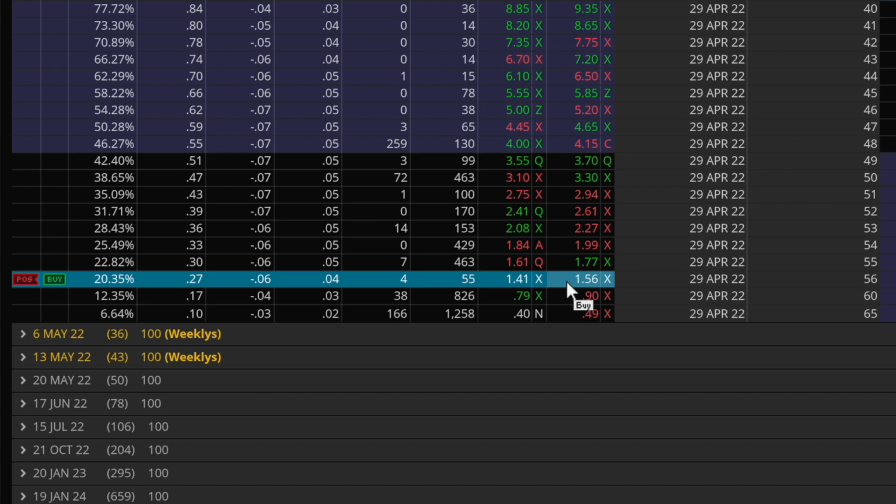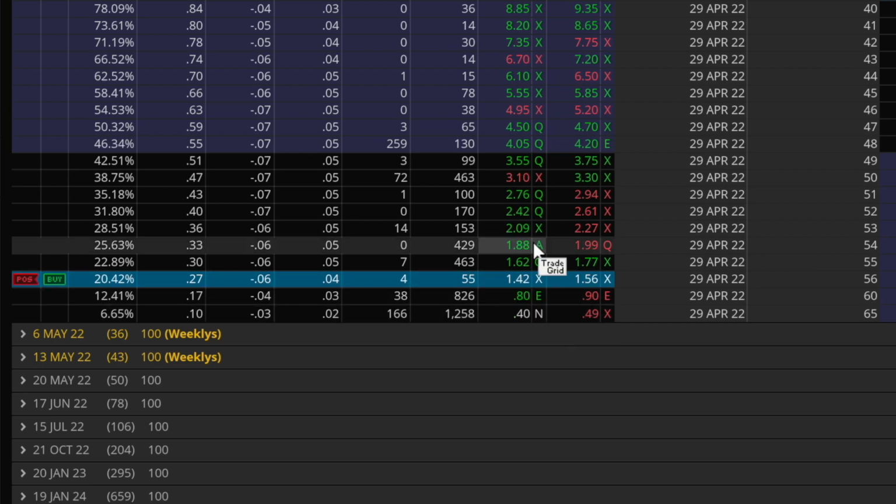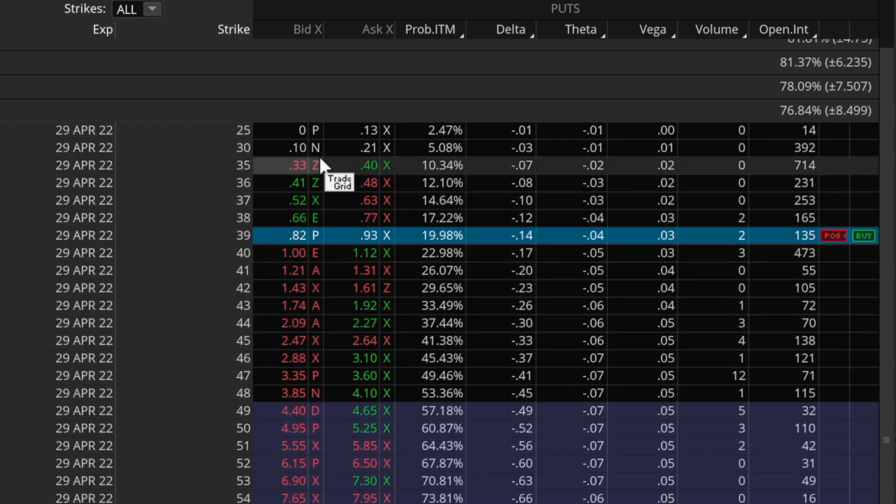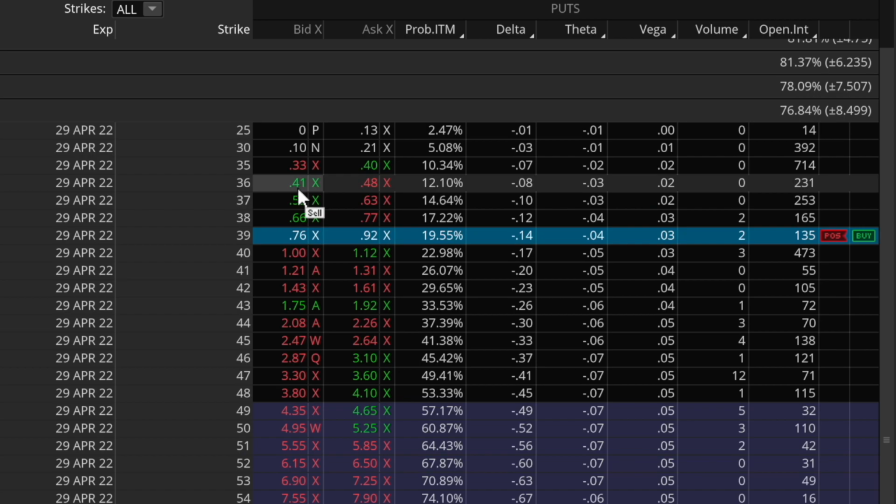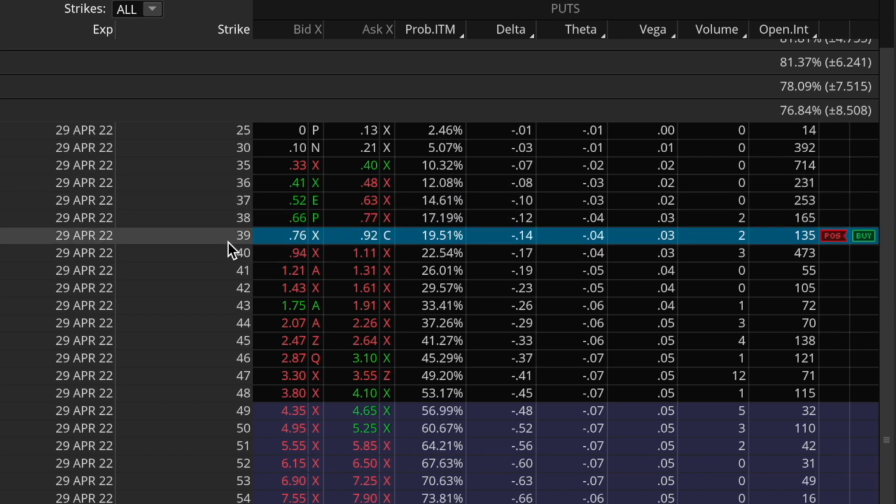And obviously, I don't want to be caught in a situation where perhaps Roblox does skyrocket, and if I did nothing to defend the trade, then I would lose a lot of money on these naked call options. And then in a similar fashion, if Roblox does decide to fall significantly once again and blow past my put strikes here, then again, around that point, I'm going to short 200 shares of the stock to cover the put options. And of course, if that does happen, then I'll try and make a video that will show you everything that I'm doing to defend the trade.